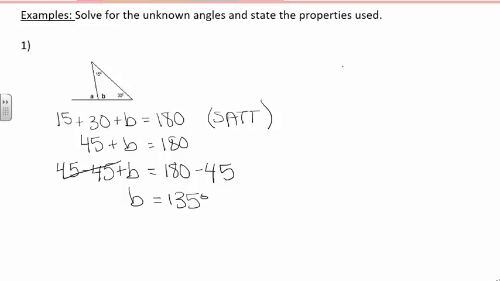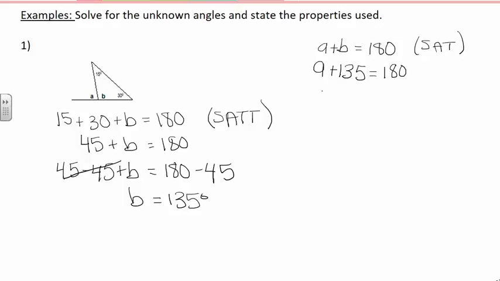Now that we've solved for B, we can find A using our supplementary angle theorem, SAT, that states that supplementary angles have to total 180. We know that A plus B equals 180 degrees by our supplementary angle theorem. And since we know what our B is, we can plug it in.